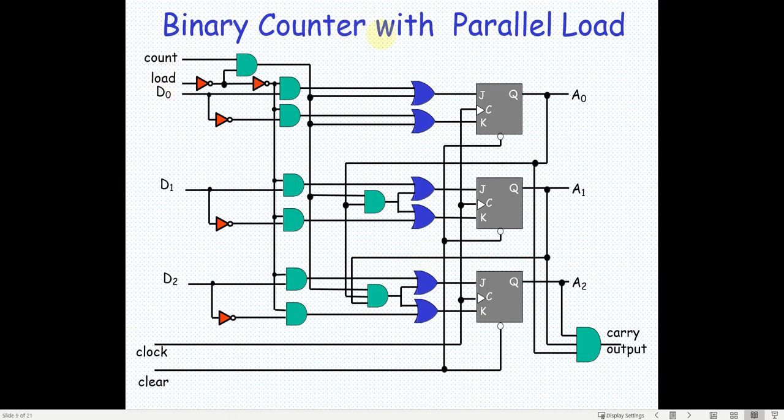This is a binary counter with parallel load. There will be many situations where we need to load these flip-flops with a preset data. It could be anything. It could be 0000 or it could be 1111, whatever. If you see, this is a load signal. Whenever the load signal is going high, this will become 0 out here. So this count will be disabled out here.